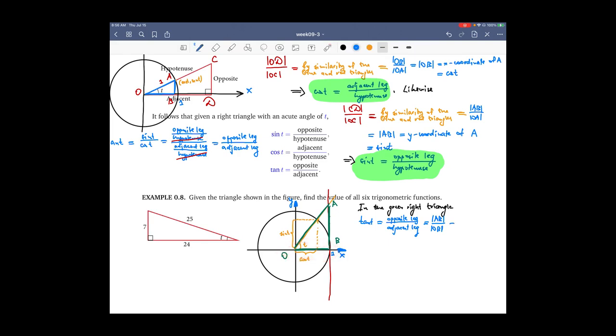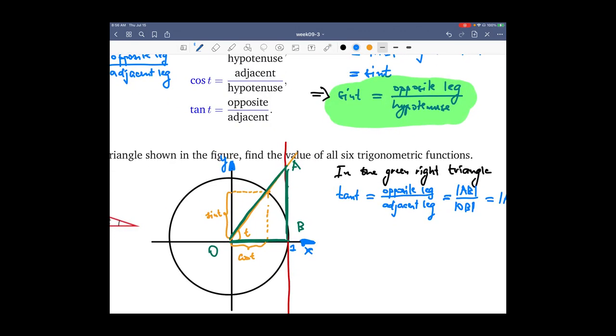So we simply get AB, and the conclusion is that this distance here is tangent t.